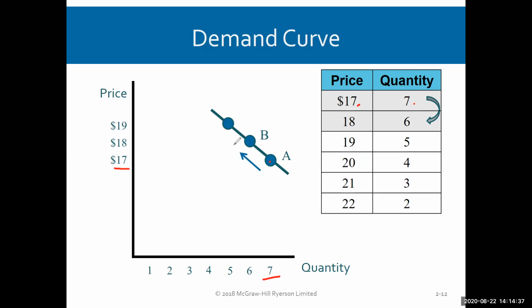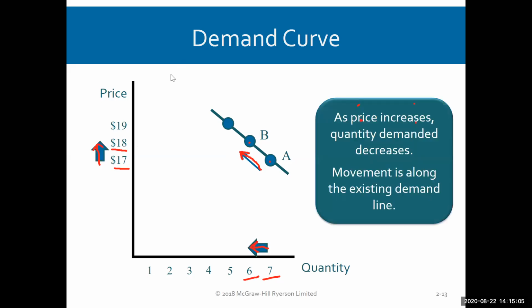Then it looks like the price went up to 18. So hypothetically, if the price went up to 18, we go across to this curve, come down, quantity demanded fell. Okay, that makes sense. Price went up, quantity demanded fell. So we moved along the demand curve from point A to point B, and quantity demanded fell right here. I'm just going to click to the next slide, see if it overlaps.